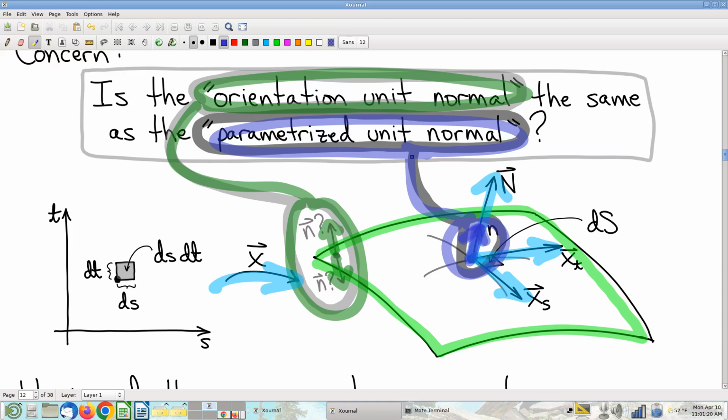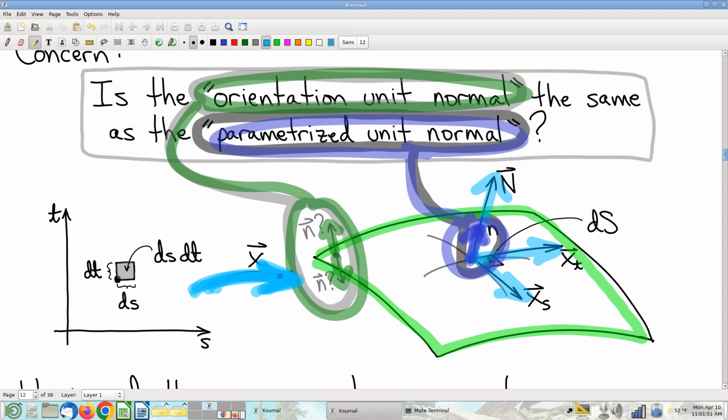So when you create a parameterization, you're arbitrarily picking an orientation, not even realizing it. Very few people are thinking about what that's going to end up being as they parameterize. And thus, it's a coin flip. When you parameterize a surface, it's a 50-50 chance that you parameterized the right way, and 50-50 you parameterized the wrong way.